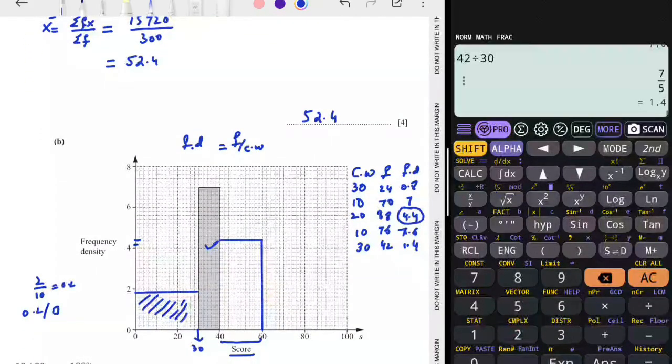So 70 would be here, in between 60 and 80, so the value is 7.6. So 7.6 would be here. This is 7, 7.2, 7.4, 7.6 would be here.